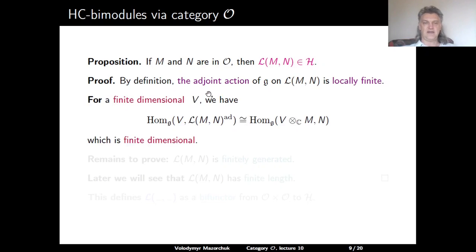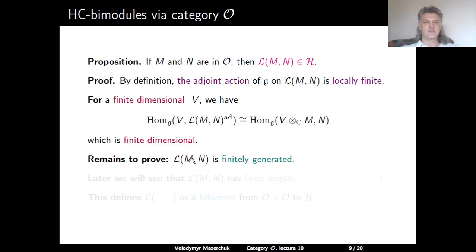If we take a finite dimensional module V, we have that the space of all homomorphisms from V to the adjoint version of L(M,N) is isomorphic, by the previous slide, to the space of all G homomorphisms from V tensor M to N. And this is finite dimensional since hom spaces in O are finite dimensional.